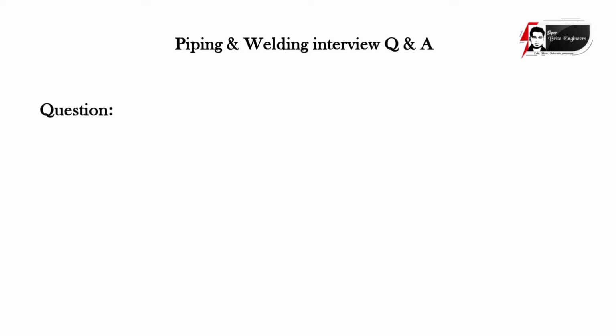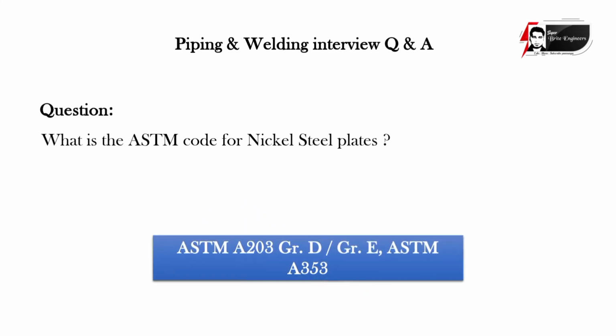What is the ASTM code for nickel steel plate? ASTM A203 grade D, grade E, ASTM A353.